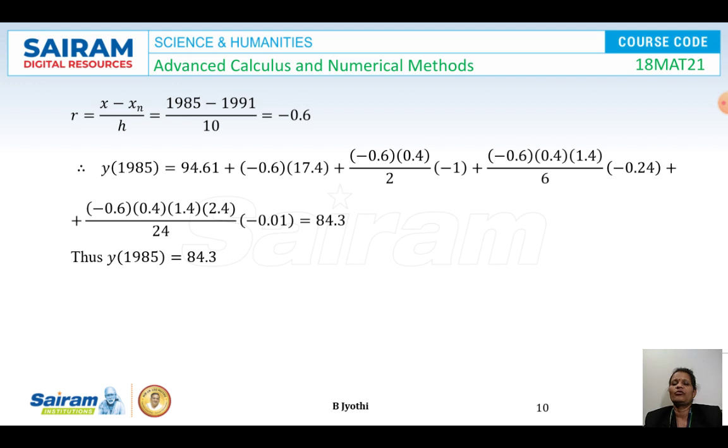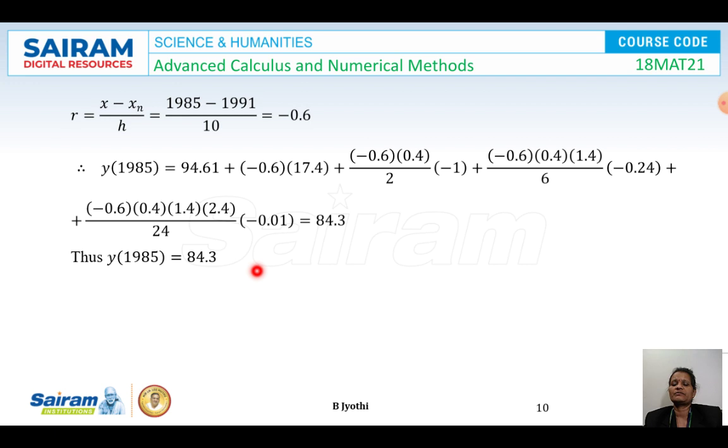On substitution, y of 1985 is given by 94.61 plus minus 0.6 into 17.4 plus minus 0.6 into plus 0.4 divided by 2 into minus 1 plus minus 0.6 into 0.4 into 1.4 divided by 6 into minus 0.24 plus minus 0.6 into 0.4 into 1.4 into 2.4 by 24 into minus 0.01, that is giving us 84.3.